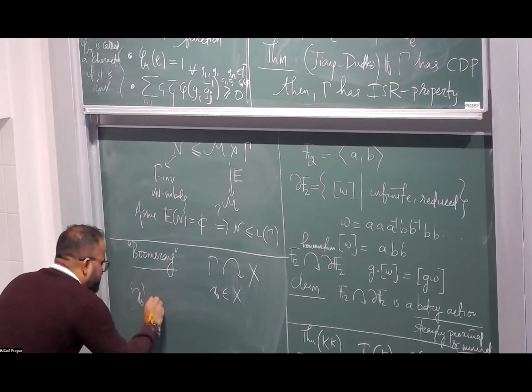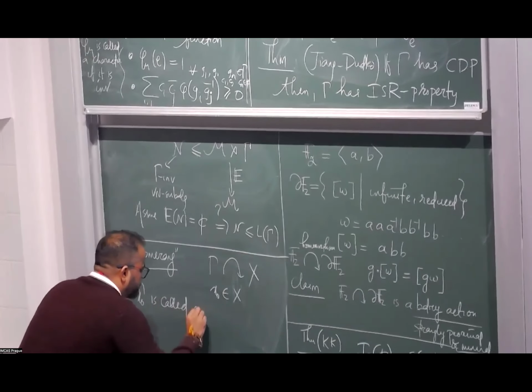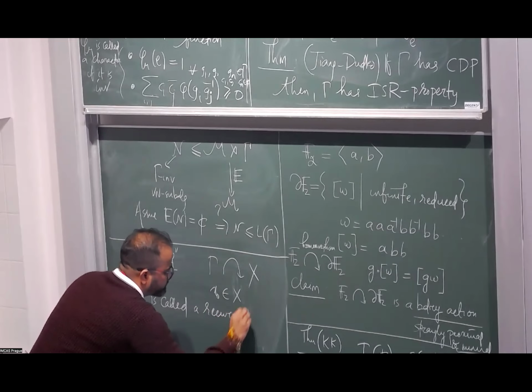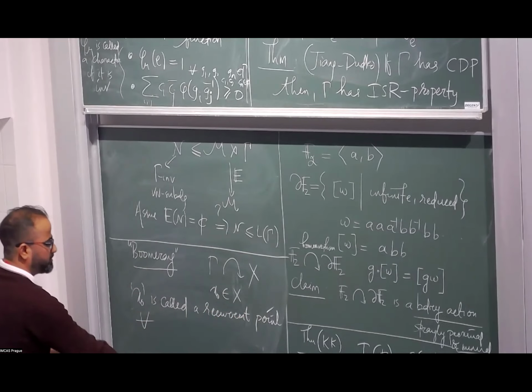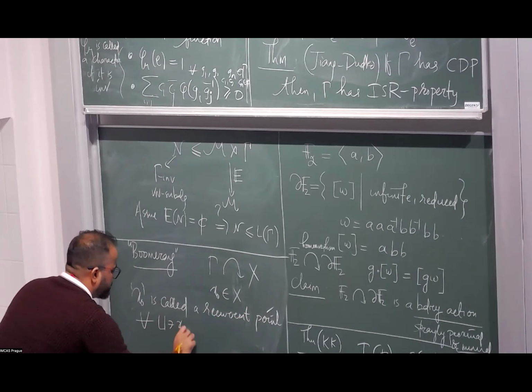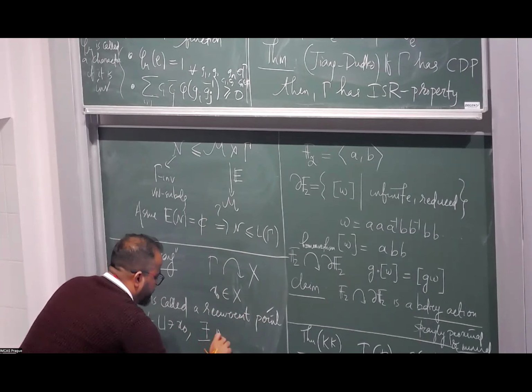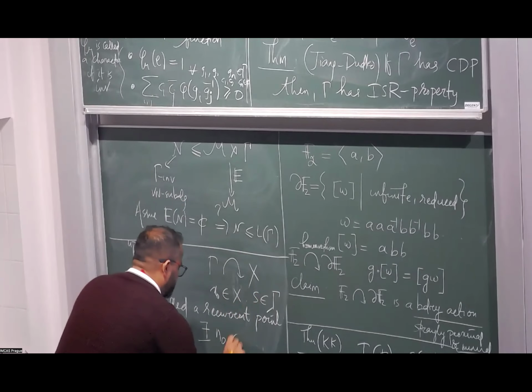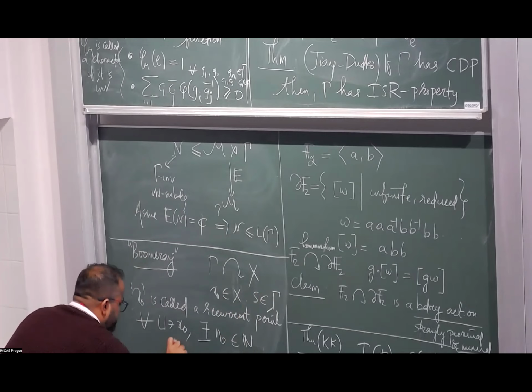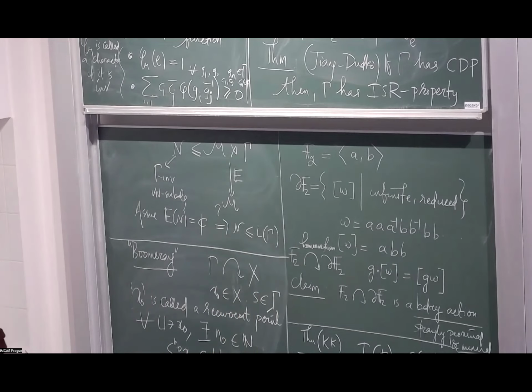So x naught is called a recurrent point if for every neighborhood U containing x naught, there exists some n naught, so maybe I fix S in gamma, such that S to the power n naught x naught is again in U. So you keep on making your neighborhood smaller and smaller, and then you know that along the orbit you will keep coming back to x naught.